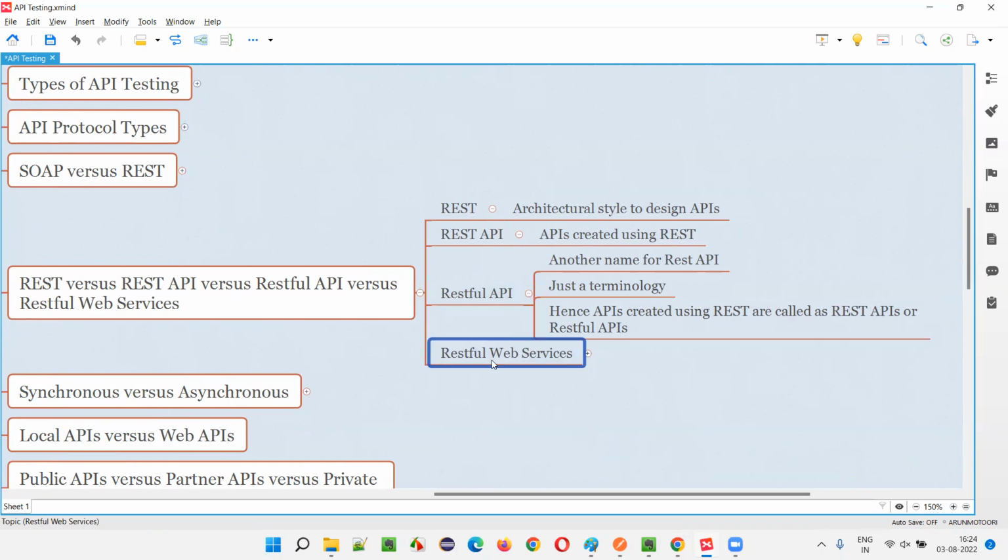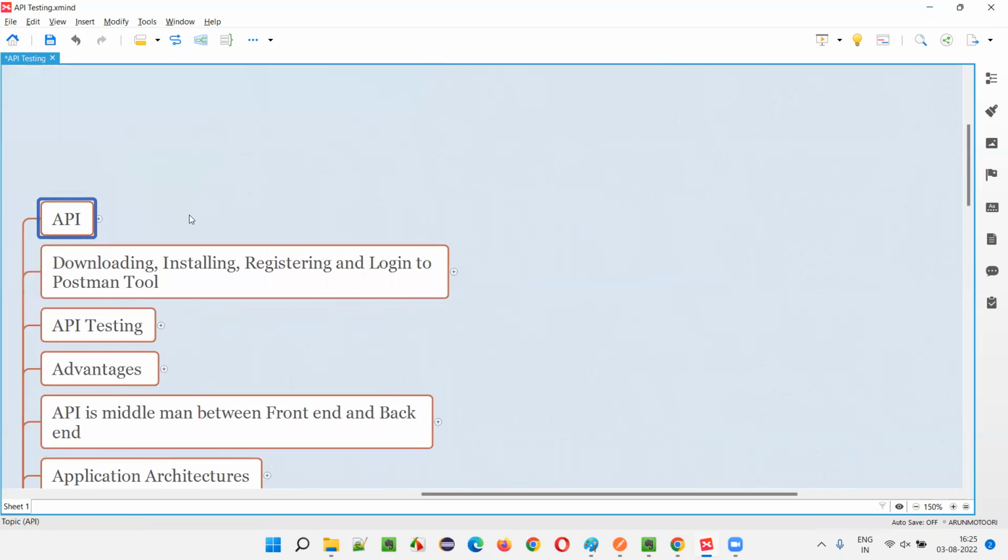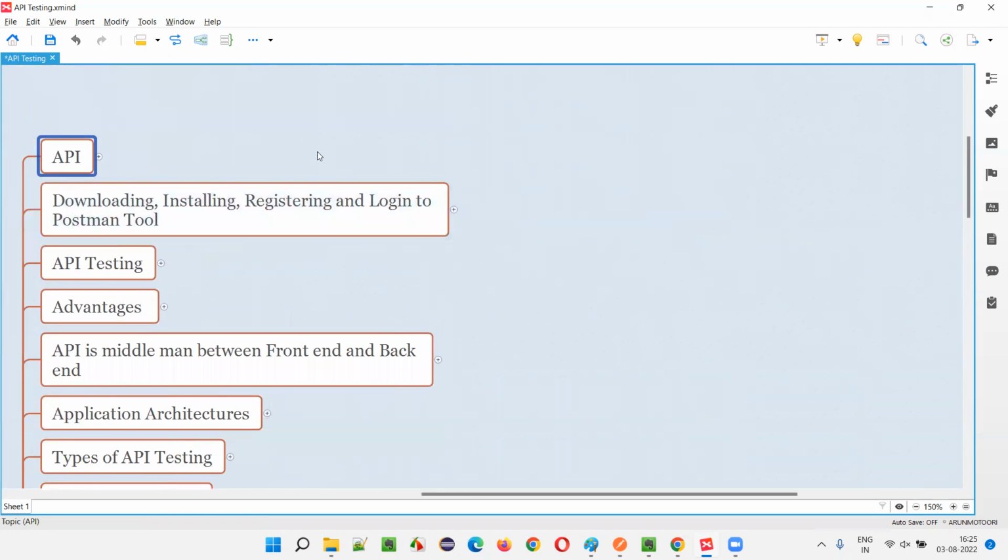Now another term came into the picture, that is RESTful Web Services. REST is an architectural style which uses which protocol? HTTP or HTTPS protocol. That is an internet protocol. Whatever APIs communicate over the internet, we call them web services. In the first part, I covered the difference between API and web services.